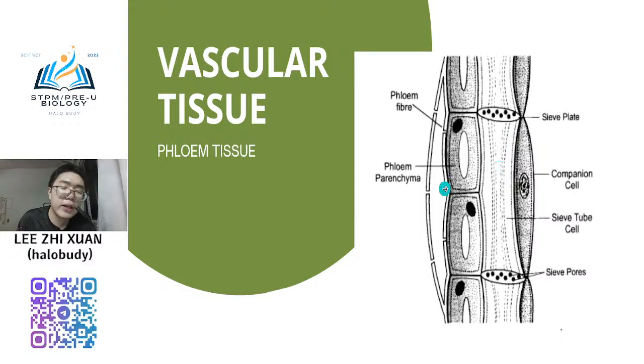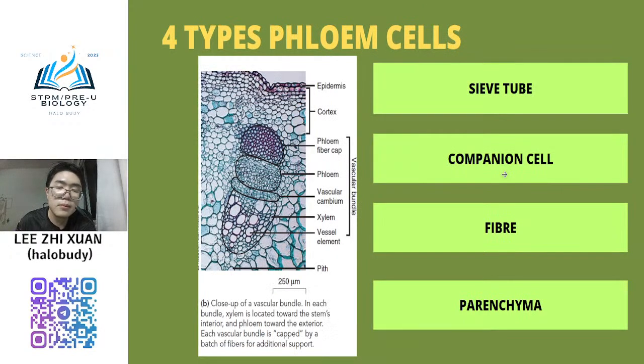The parenchyma cell and phloem fiber do not take part in translocation. This is just a recap, you already learned it in Sem 1: the 4 types of phloem cell are sieve tube, companion cell, fiber, and parenchyma, and only the sieve tube and companion cell take part in translocation.